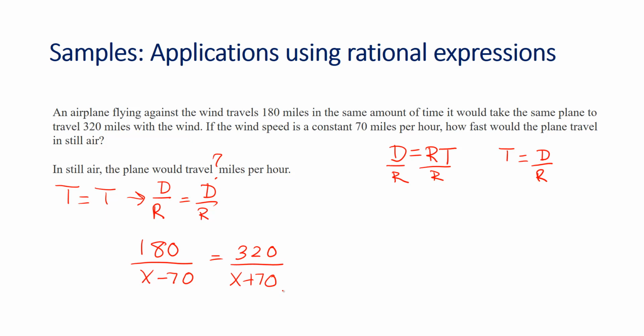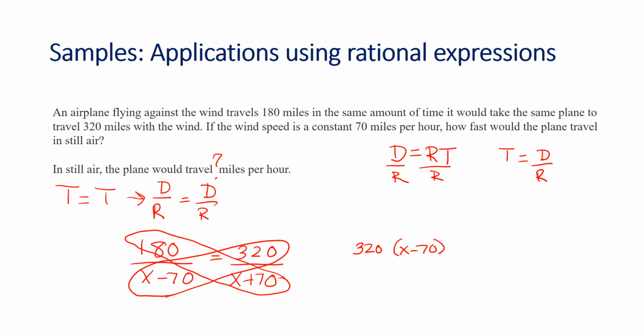Once you're at this point, it's a matter of doing your calculations. So we're going to cross multiply this. And basically, you're going to multiply 320 times x minus 70 is equal to 180 times x plus 70.